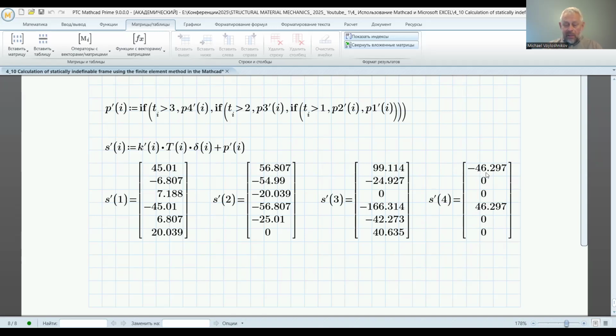This stand, hinge connected at both ends, experiences only the longitudinal force at the beginning and at the end, the same magnitudes, but other signs of the longitudinal force applied to the ends of the fourth finite element of the considered mechanical system.